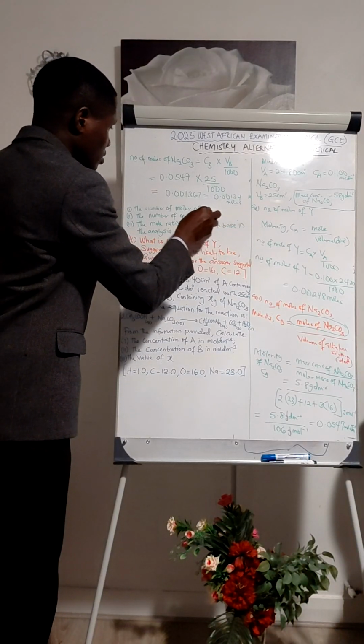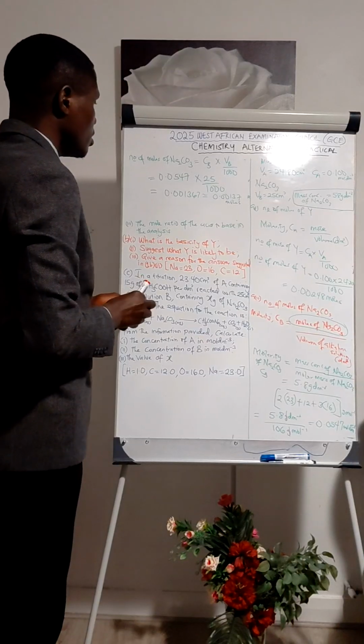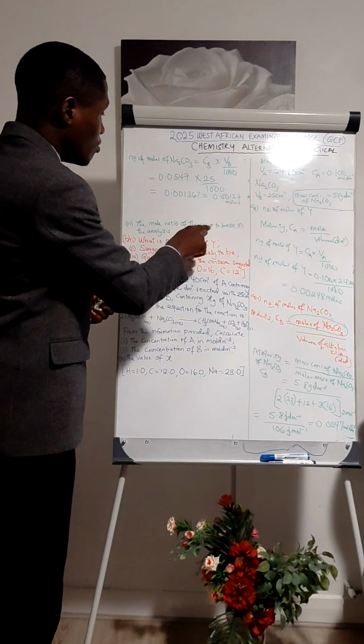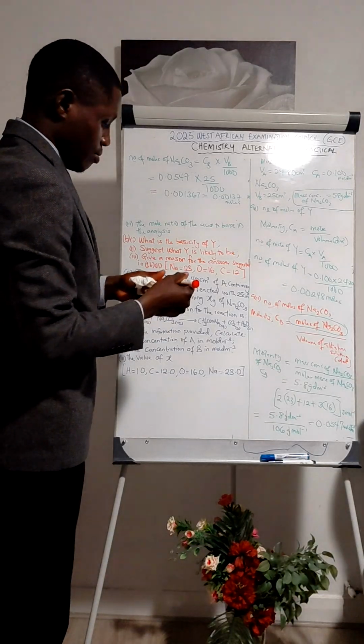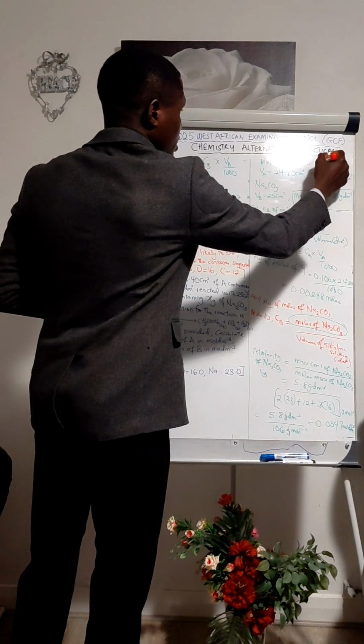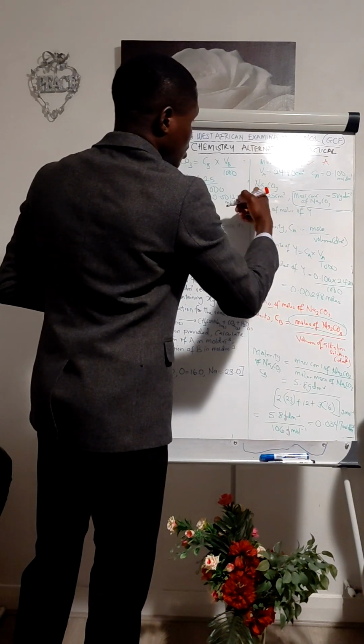So the next question is to look for the mole ratio. We have to calculate the mole ratio of acid to base. Now, the mineral acid is your acid, so this Y is your acid, which is A, and this is your base, the alkaline solution that contains this.